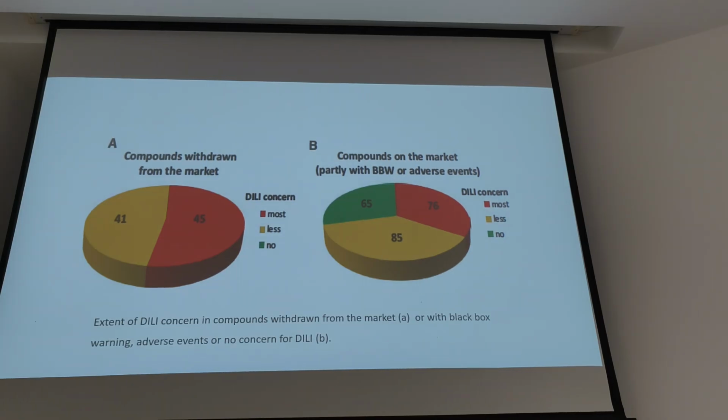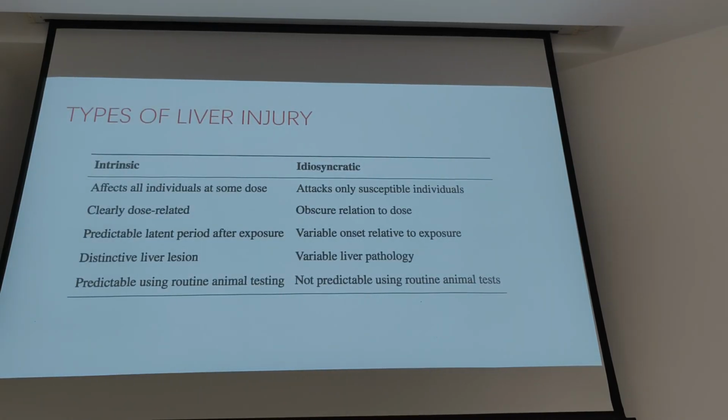Whether we can identify DILI by what kind of in vivo or in vitro methods. I leave these questions to you and try to identify them. And here are the types of liver injury, which we have discussed, the intrinsic and idiosyncratic, the difference between them.